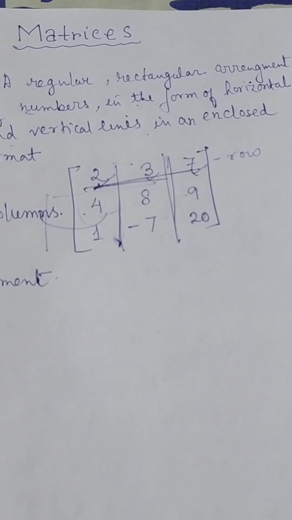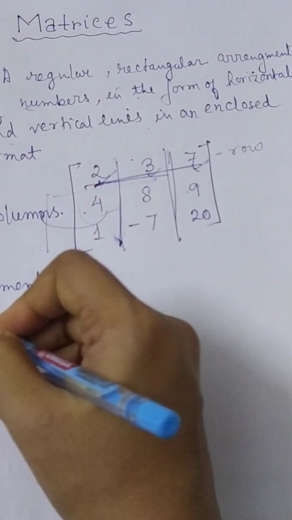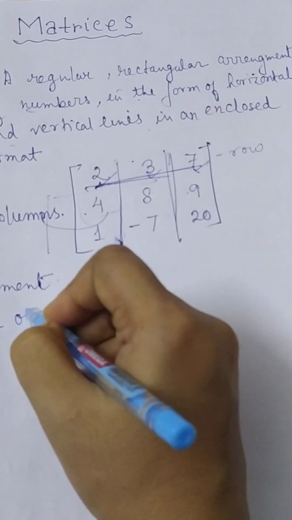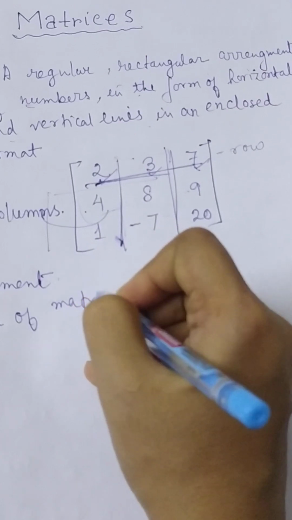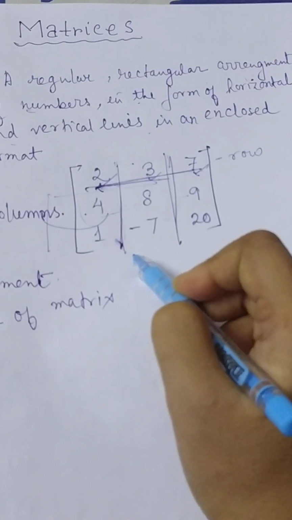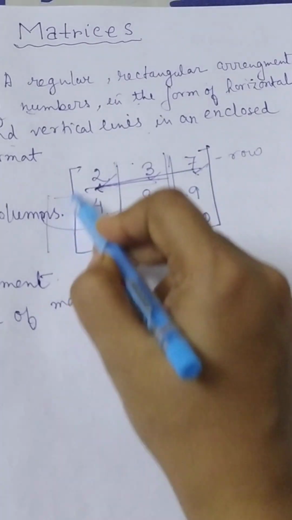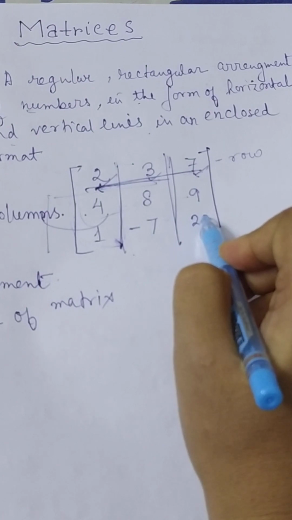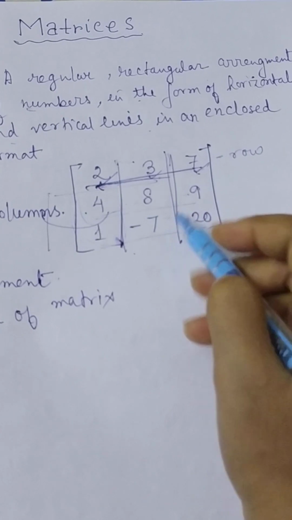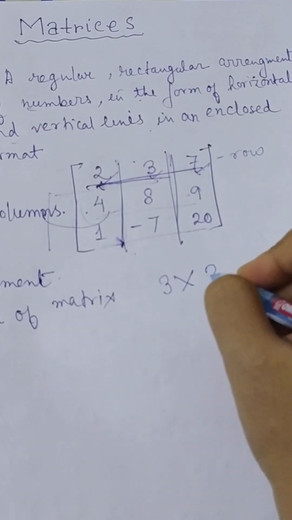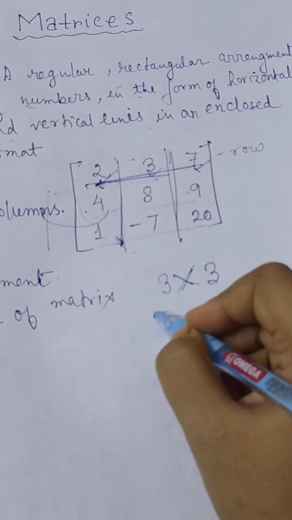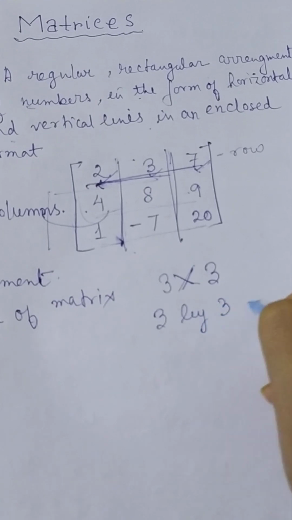Now the important term is order of matrix. That means how many rows and how many columns are there in a matrix. As you see from this matrix format, there are 3 rows and 3 columns. So it is in the form of 3 by 3. I will not call it into, I will call it 3 by 3 format.